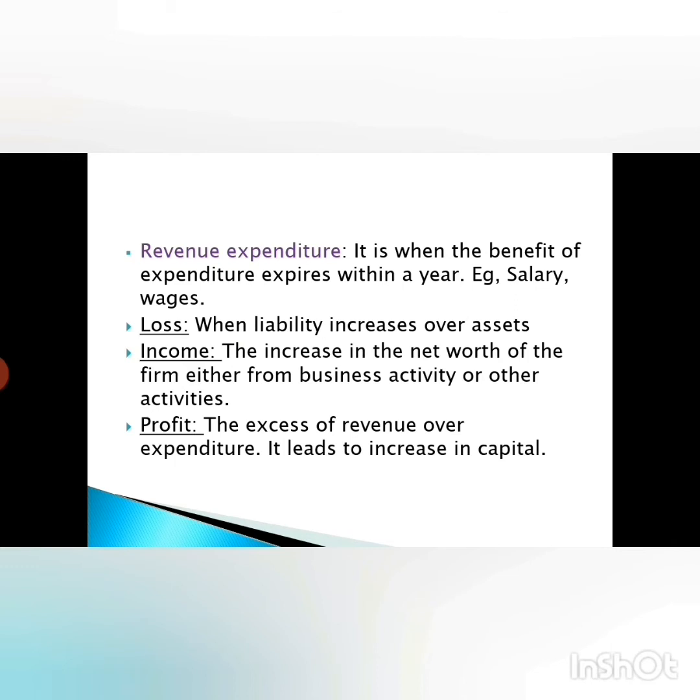Loss, when liability increases over asset. Like I mentioned before, liability is the money which the business owes to outsiders, and asset is whatever others owe to the business. So when you have to pay more than what you receive, it is a loss.